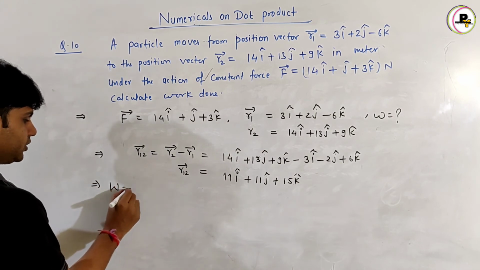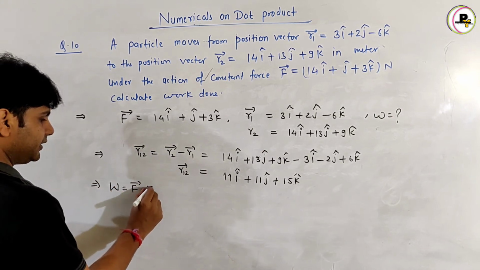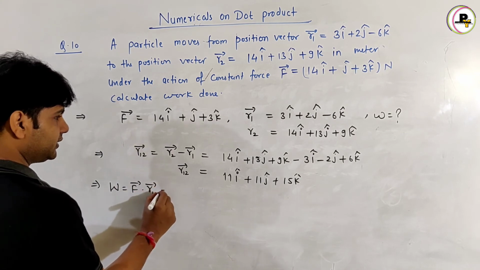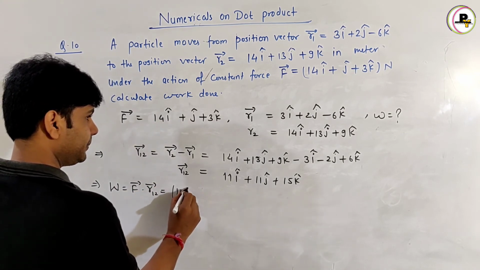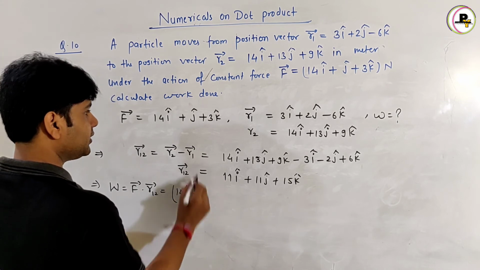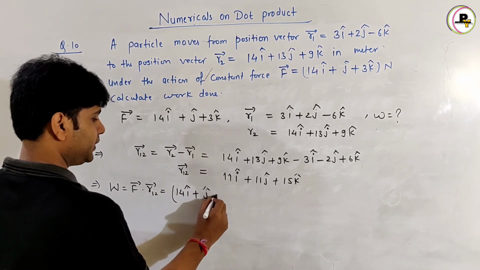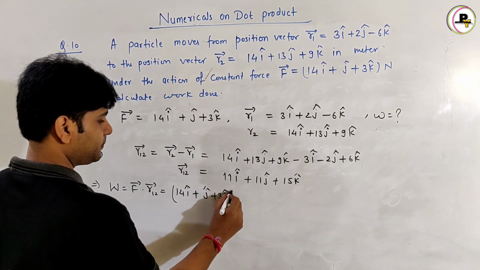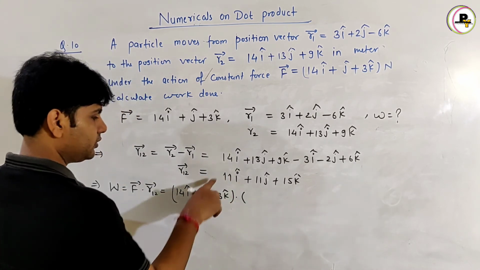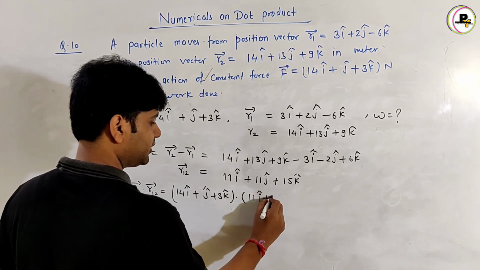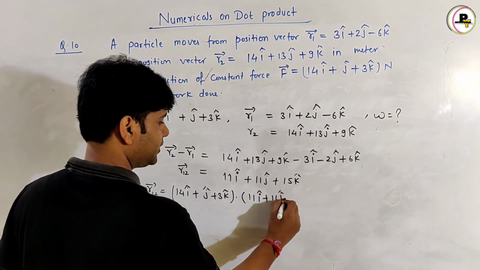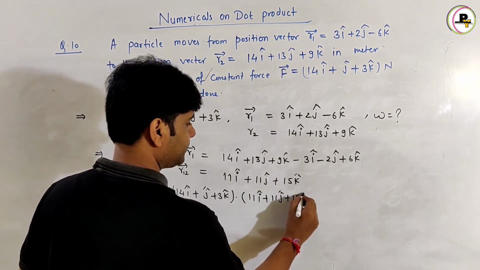Work done is the dot product of force vector and displacement vector, and this is equal to what? The force vector is 14 i cap plus j cap plus 3 k cap, with the dot product of r12 vector, that is 11 i cap plus 11 j cap plus 15 k cap.